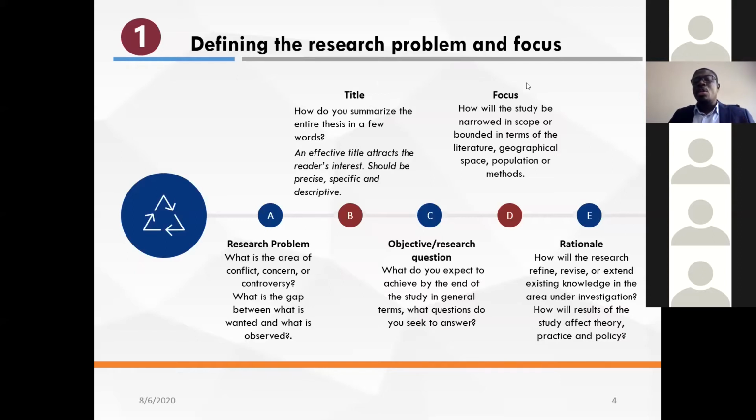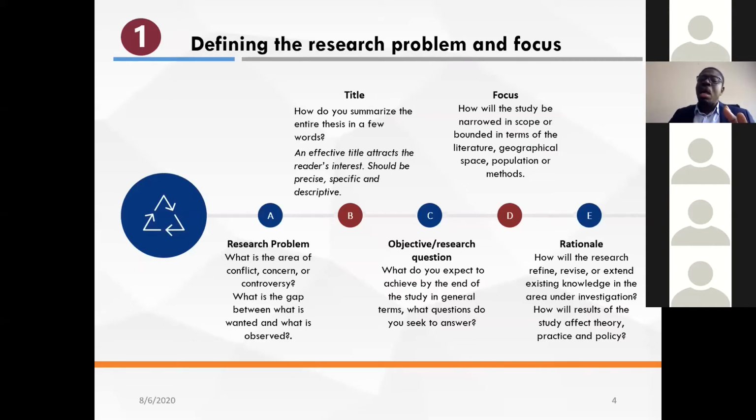Now, because in research, and more especially for PhD work, you cannot do everything, you need to have a focus. And so you have to clearly delineate the focus of your study. You have to narrow the study down so that you can accomplish it within the 3 or 4 years.